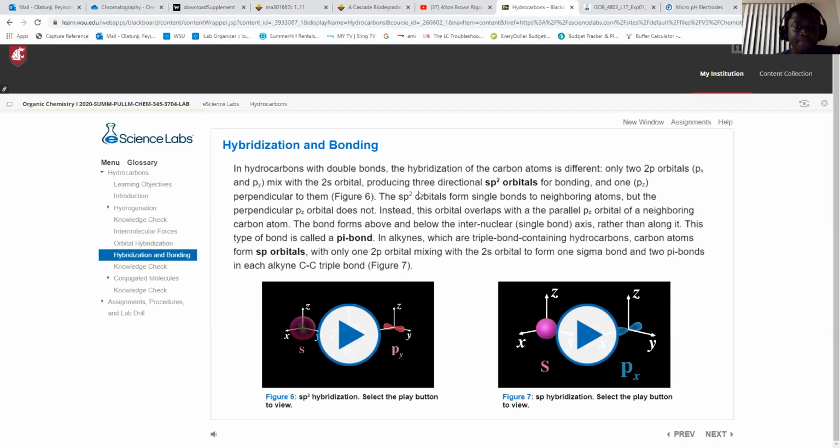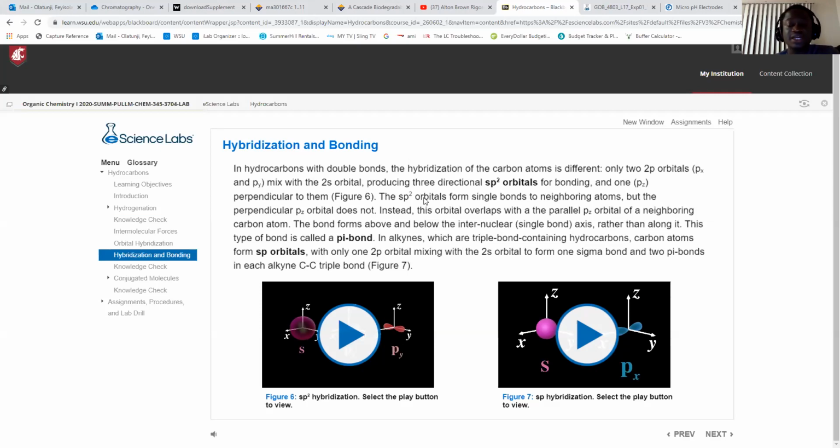Whenever you have 2 atoms bonded together, they have to be bonded with at least 1 sigma bond. So whenever you have 2 atoms bonded together, it's usually 1 sigma bond. And if it's a double bond, then you have a sigma bond and a pi bond. And if it's a triple bond, then you have 1 sigma bond and 2 pi bonds.